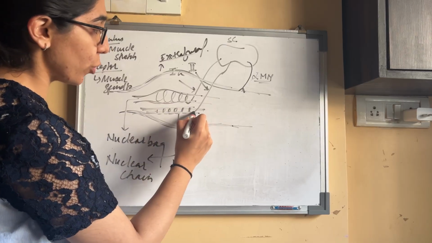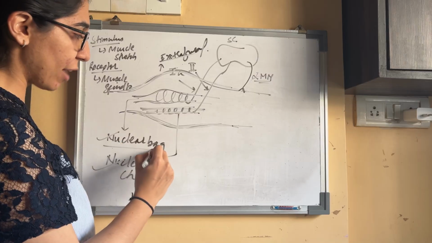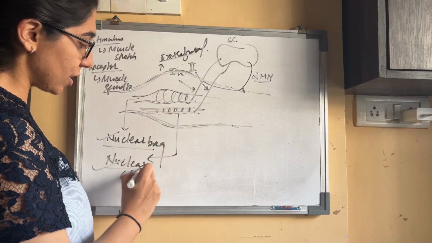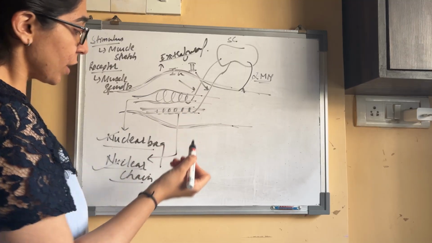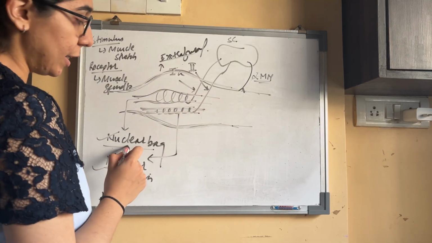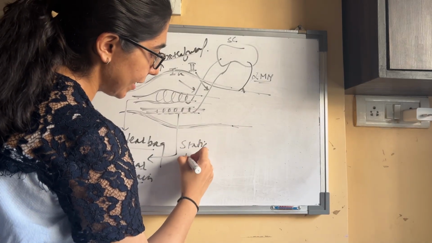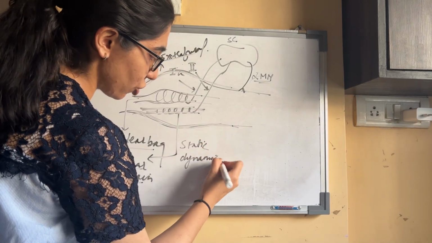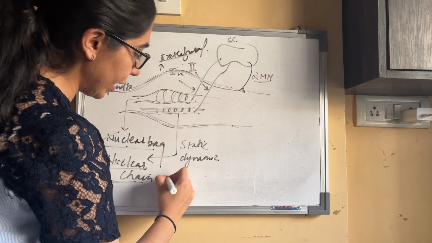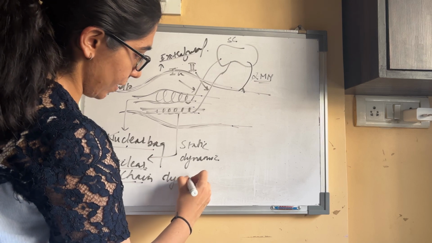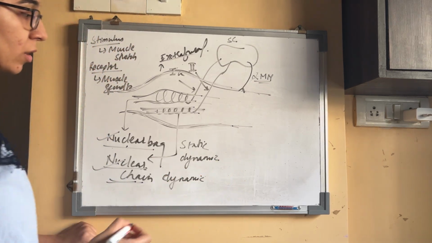Intrafusal fibers are of two types, nuclear bag and nuclear chain. This bag-like structure is the nuclear bag fiber, and this chain-like structure is the nuclear chain fiber. Both of these have different functions. The nuclear bag fiber detects change in static and dynamic tension, and nuclear chain fibers detect only dynamic change in the muscle tension.